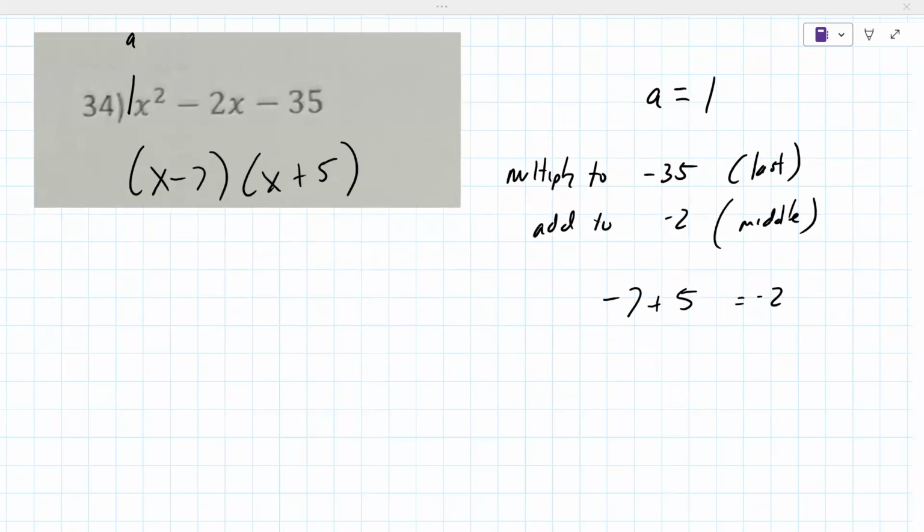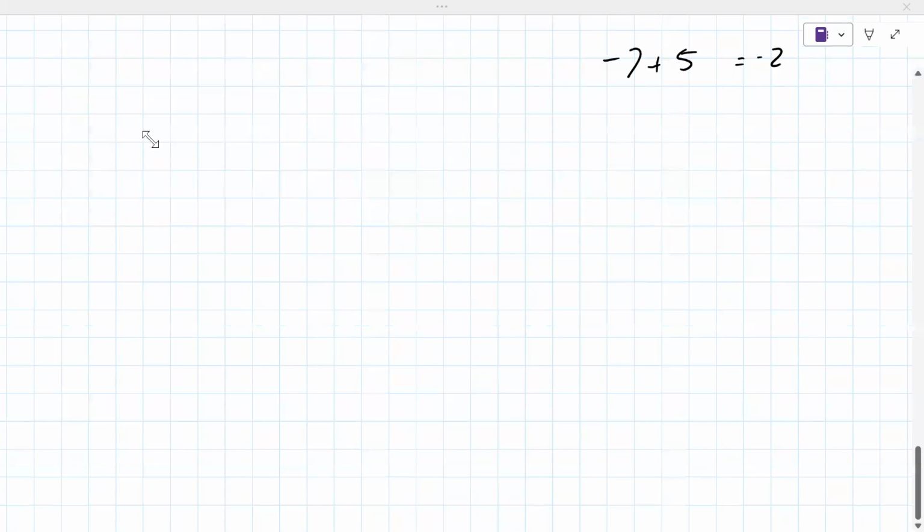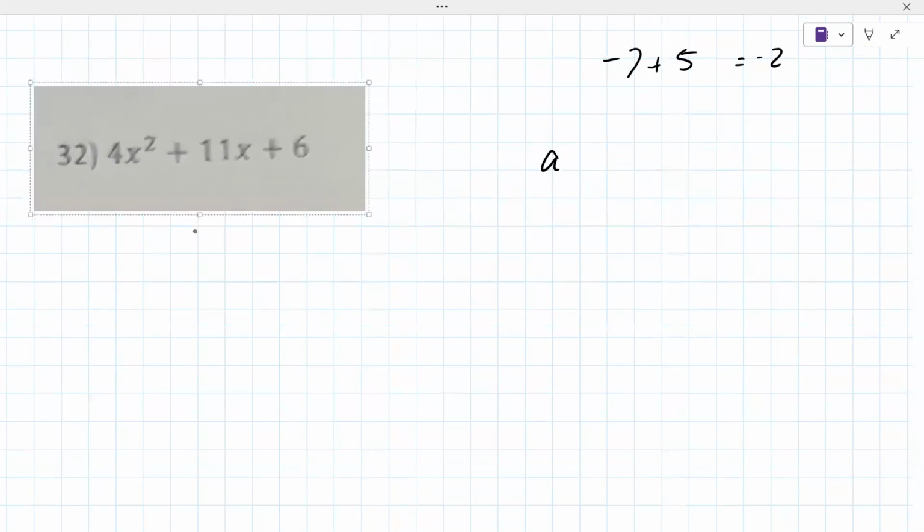All right, so the next grouping of problems starts with 32. This is a not equal to 1. So I call these a not equal to 1. These are grouping problems. They require a different approach.